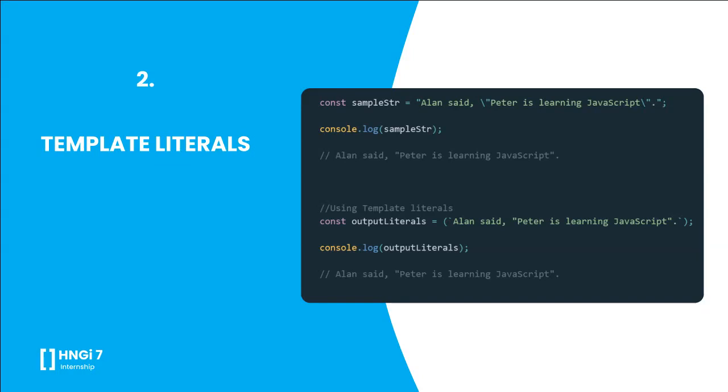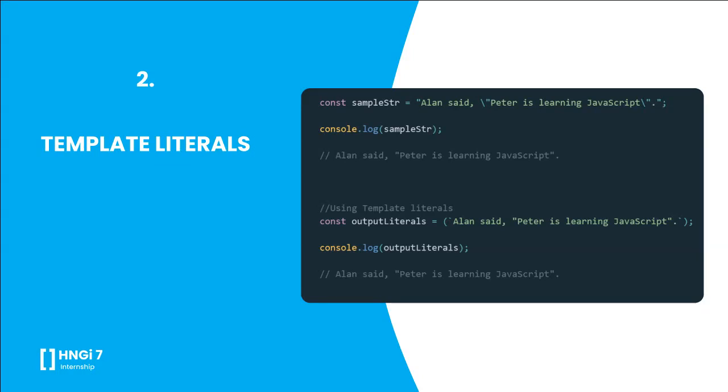Sometimes you might want to add a new line there. You would use backslash n before you can have a new line, and so on and so forth. Also, when we want to do string concatenation, adding two strings together, we put each string in quotation marks, then we use plus and add the second one.